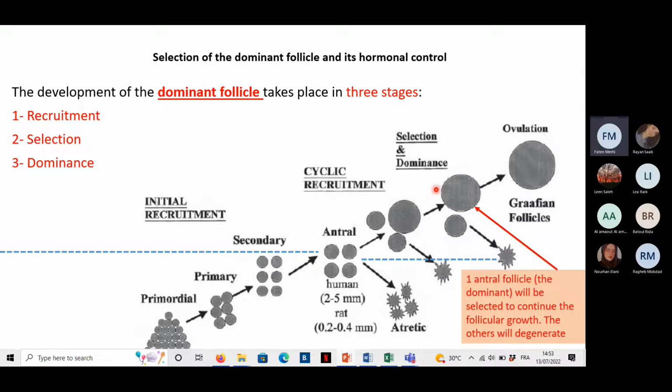So now the presence of LH will help this dominant follicle in its survival, so it can keep on surviving and developing even in the presence of low levels of FSH.